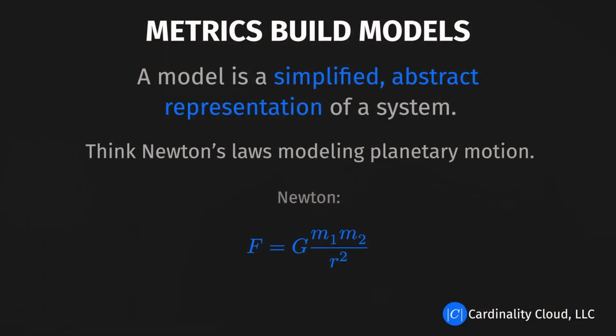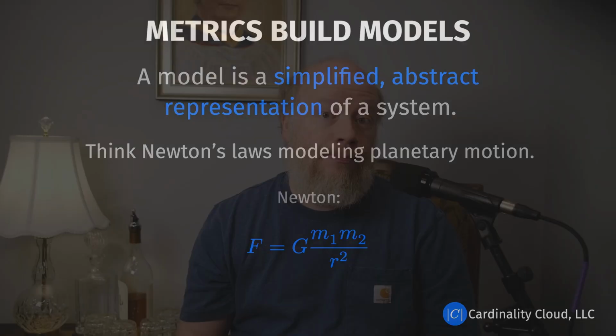Graphs become plentiful. I think of good metrics as being able to build an intentional model of a complex system. A model here is a simplified, abstract representation of a system that explains observations and makes predictions. Think about how Newton's laws of motion were able to build a model of planetary movement in our solar system.